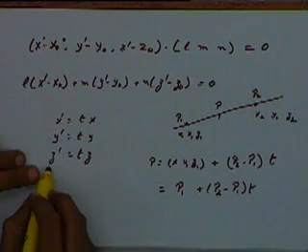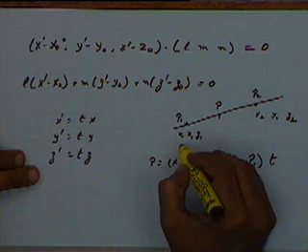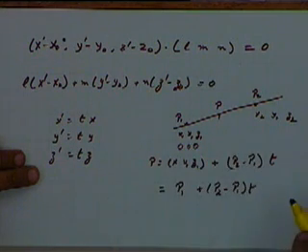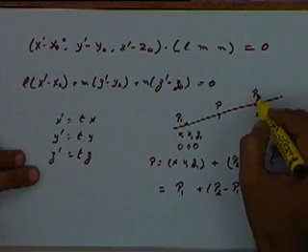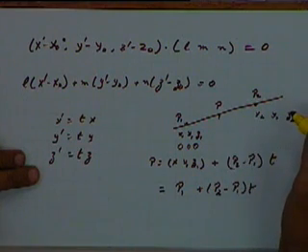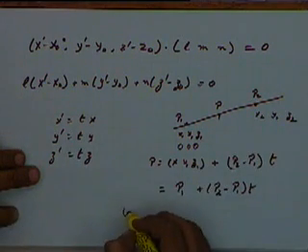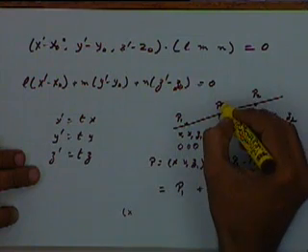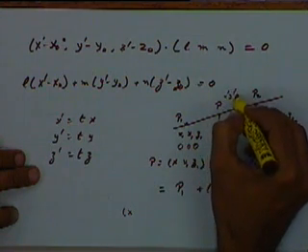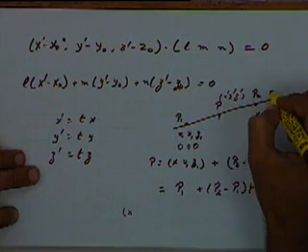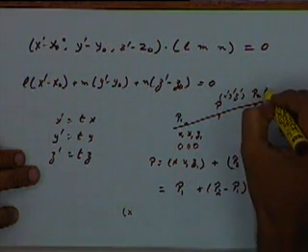The same thing we are doing over here. The point P1 is the point 0 0 0 and the point P2 is the point xyz. So we are getting the point P, which is x prime, y prime, z prime, and the point P2, which in our case is xyz.